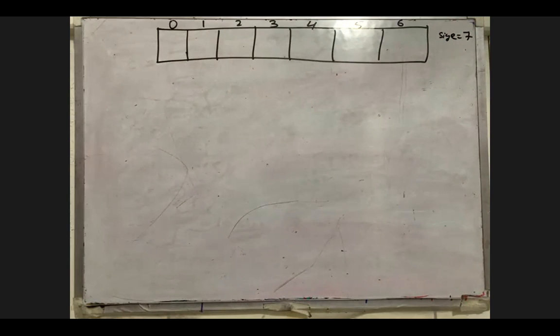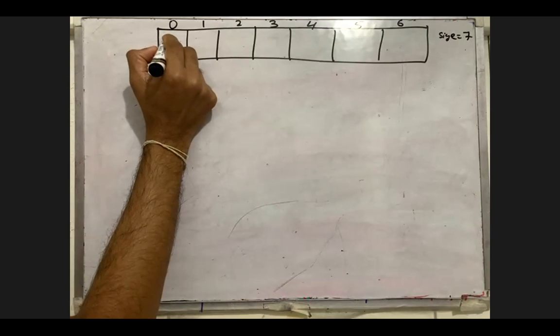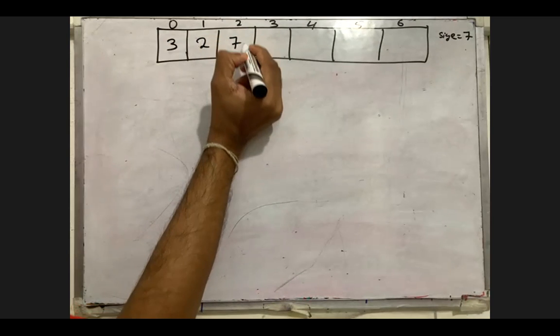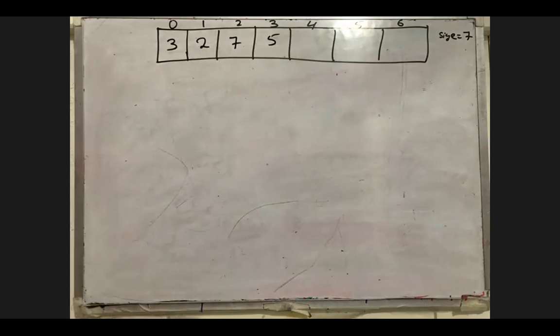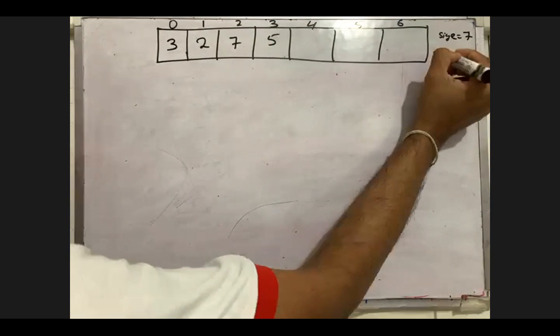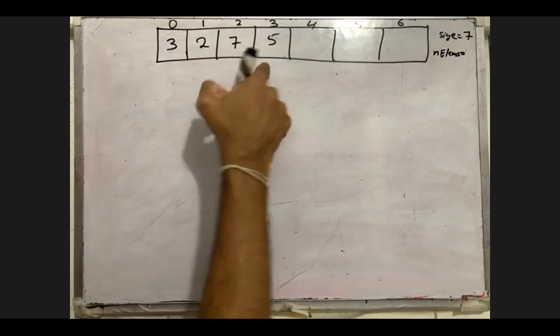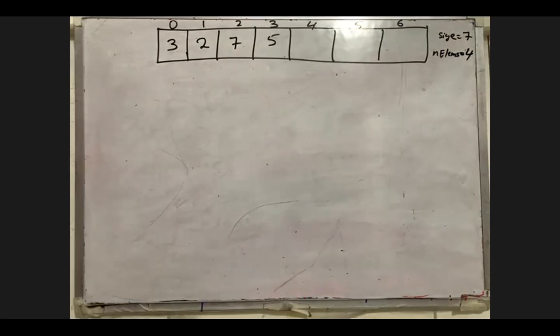Assume that you have the numbers 3, 2, 7, and 5. You have 4 numbers, and the rest are empty. That means the number of elements, n, is 4.